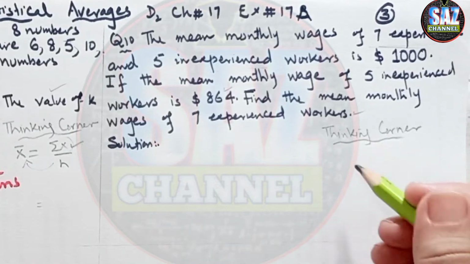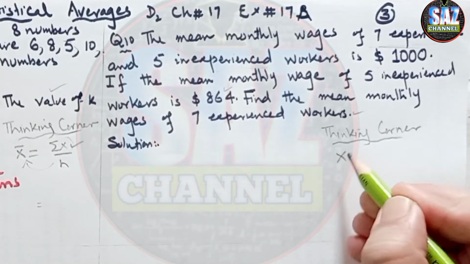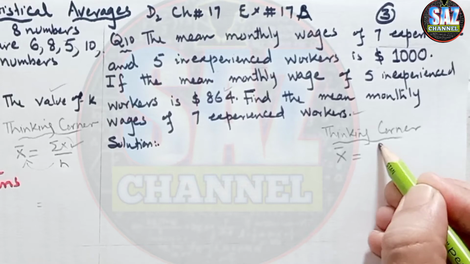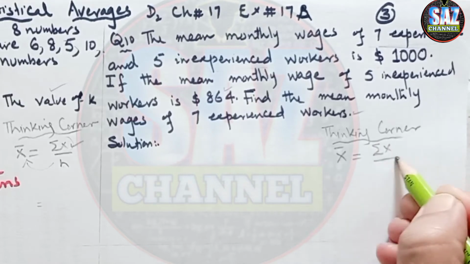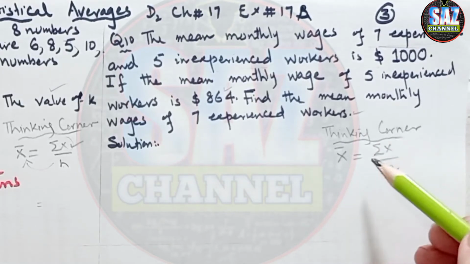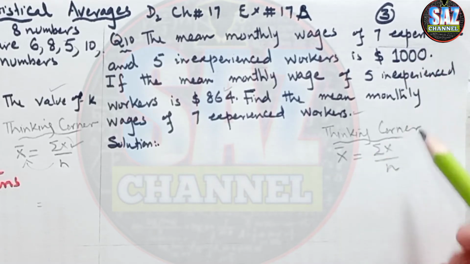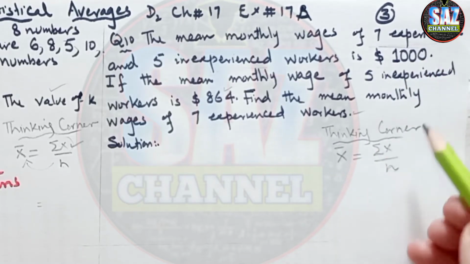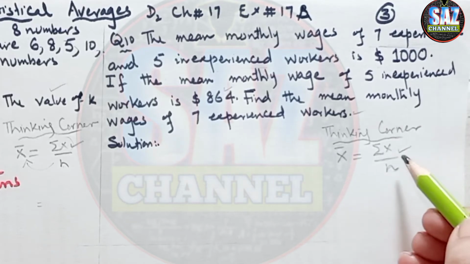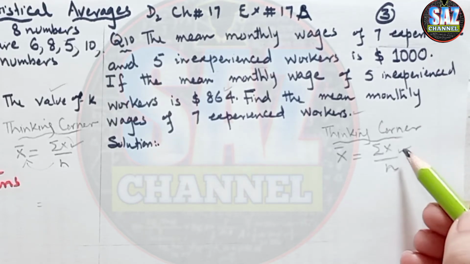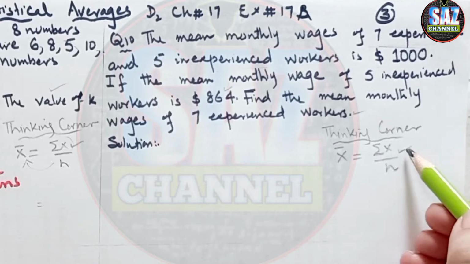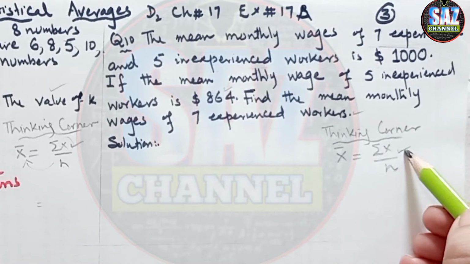So with the help of this, we'll be applying the formula x bar equals summation of x upon number of observations. Here the mean is 1000, but the number of observations will be 12, and that will give me the total wages for 7 experienced and 5 inexperienced workers.